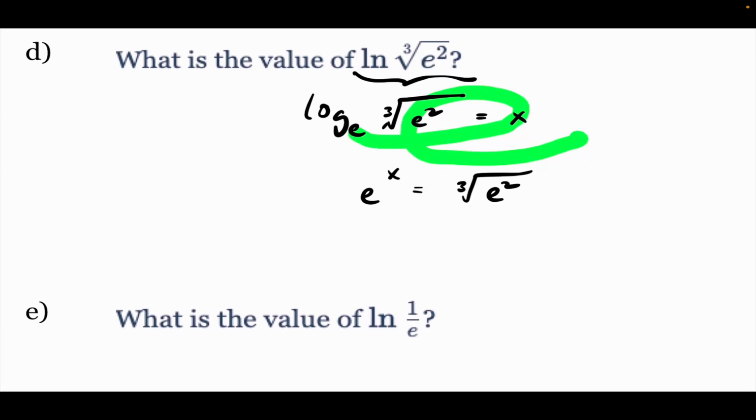Well, one of them doesn't have a root and the other does. How can I rewrite the root part so it doesn't have a root anymore? What power do I have to give it so it doesn't have a root anymore? A fraction power, right? Which fraction power would this guy get? 2/3, yeah, 2/3.